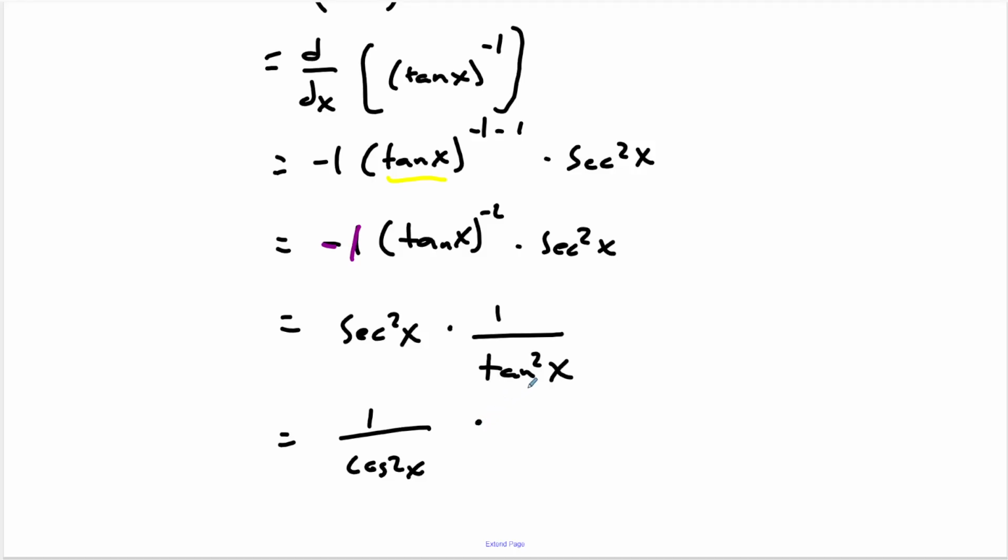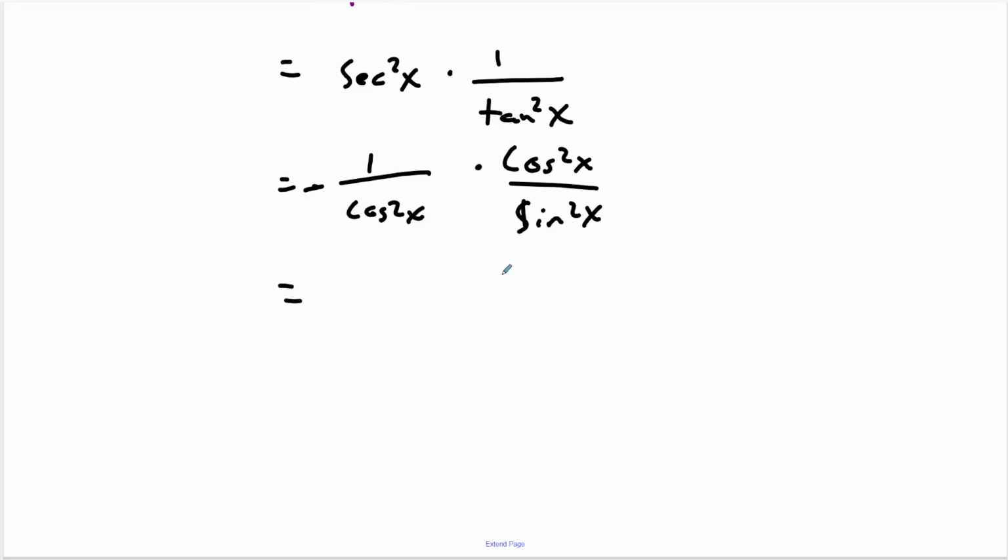I'm problem solving right now, by the way. I know the derivative in my head, but I'm testing out how we can get the desired outcome. So this should then be cosine squared of x over sine squared of x. It should be negative, by the way. Negative. And these two will cancel, and we get negative 1 over sine squared of x, and that will then equal negative cosecant squared of x.